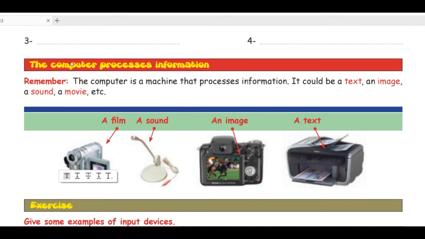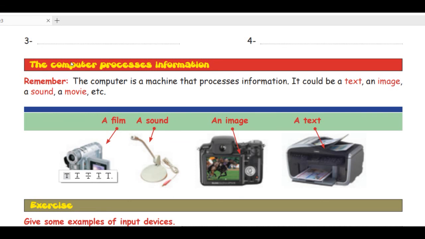To finalize this lesson, we have to remind the students that the computer is a machine that processes data or information. And here, before doing this part of the lesson, you should have a discussion and dialogue between you and the students, asking them what is data and to give some examples of data, in order to associate data with hardware.